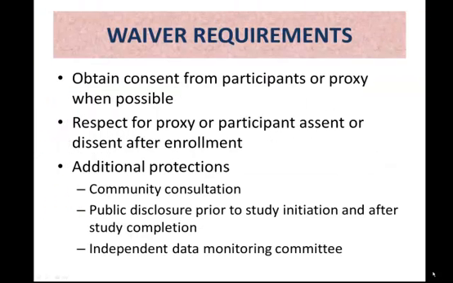Other criteria involve that consent from the participants or proxy should be obtained when possible. There should be respect for proxy or participant assent or dissent after enrollment. And then there are additional protections such as community consultation, public disclosure prior to study initiation and after study completion, and the presence of an independent data monitoring committee.